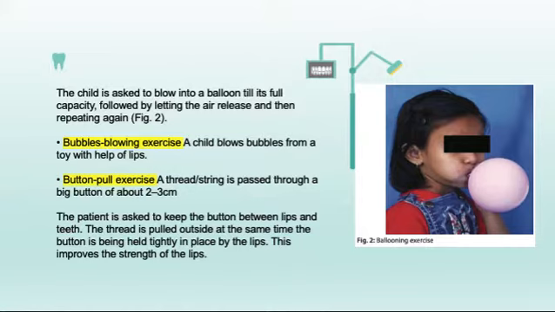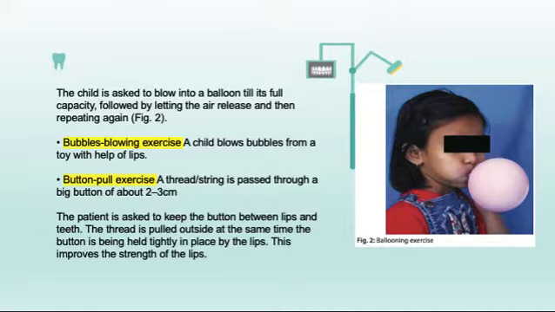Button pull exercise. A thread is passed through a big button of about 2-3 centimeters. The patient is asked to keep the button between lips and teeth. The thread is pulled out while at the same time the button is being held tightly in place by the lips.